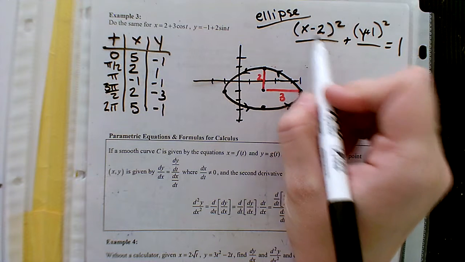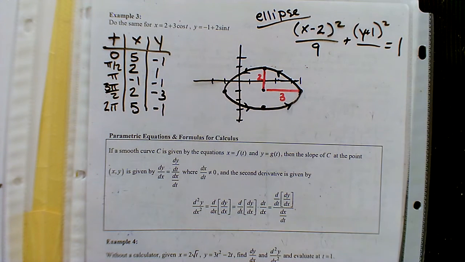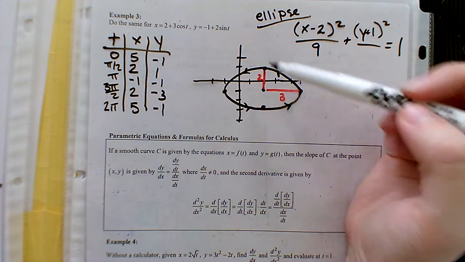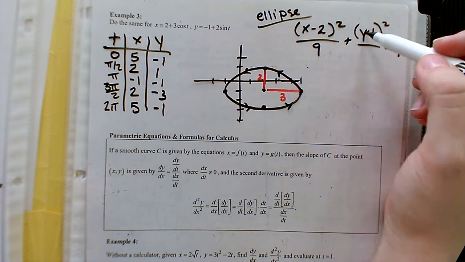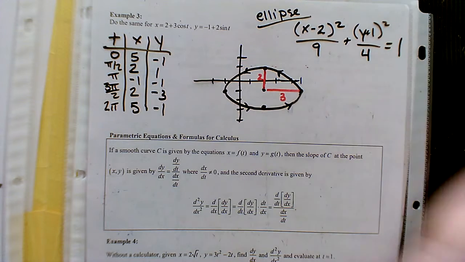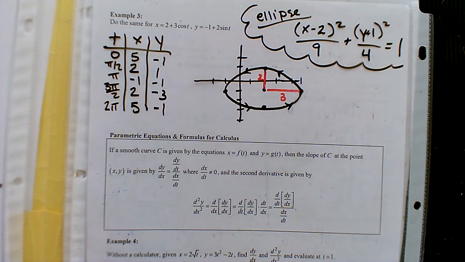So underneath the x variable, which is a horizontal variable, we would actually put 9. That's the square of that value. And then the vertical radius is 2. So under the y variable, we would have 4. So that's just a standard way, if you're familiar with the setup of an equation, to write the equation of an ellipse based off of the center and the 2 radii.